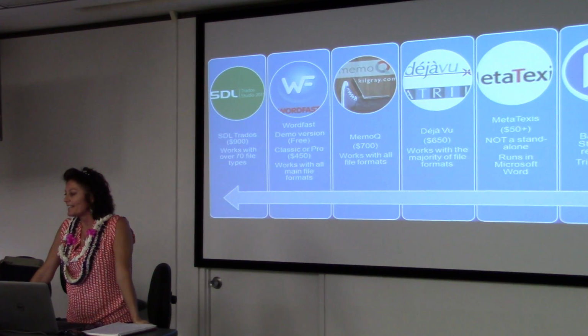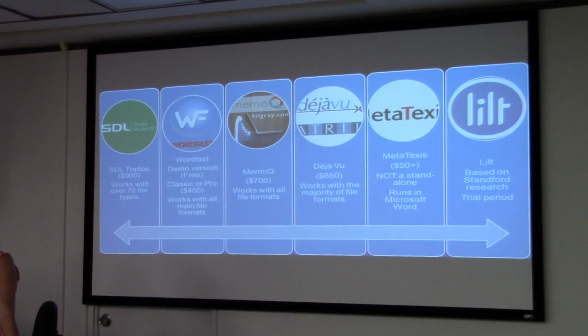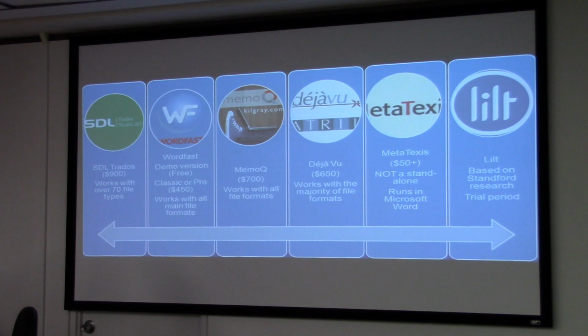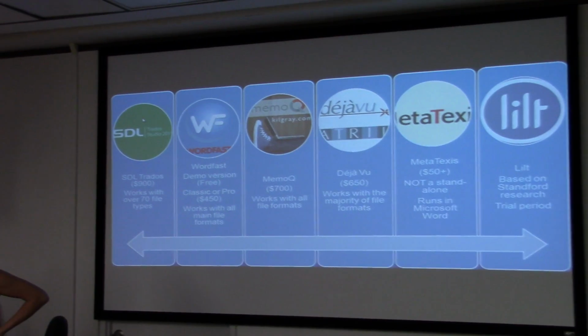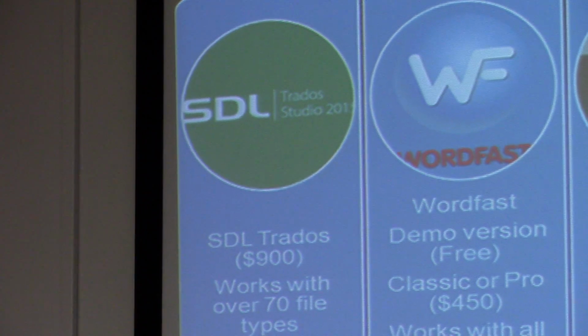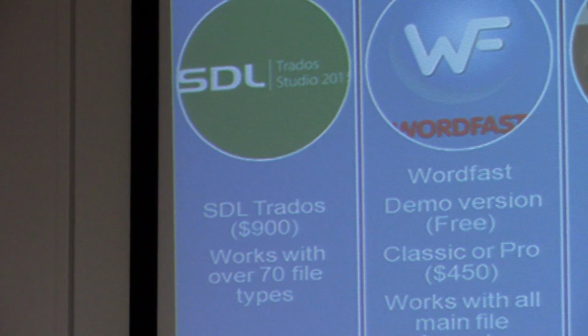This is now a quick overview of a few CAT tools that I've either used in the past or that I know. So the first one here, Trados, was the first one on the market. For the longest time, it had a monopoly, and it's also the most expensive one.